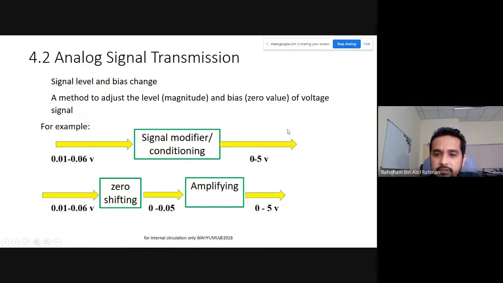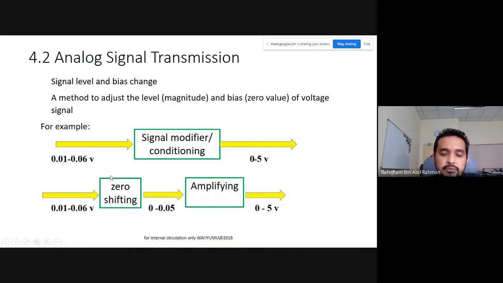So like it or not, we need to modify the signal so that it becomes readable to this parameter in the control room. Probably the input range for this one is 0 to 10. Since the input at the sensor side is very, very low, 0.01 volt, we need to amplify.